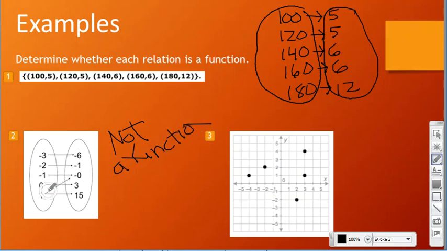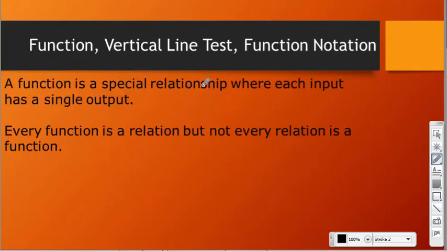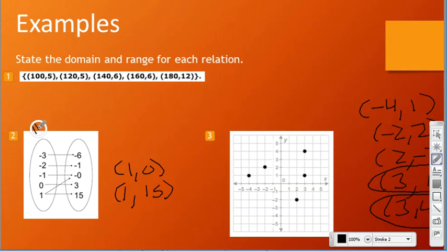Because we have 1 that's being paired with both 0 and 15. Okay, and that can't happen with a function. For it to be a function, remember that each input has to have a single output. And so these are our input. These are our output.